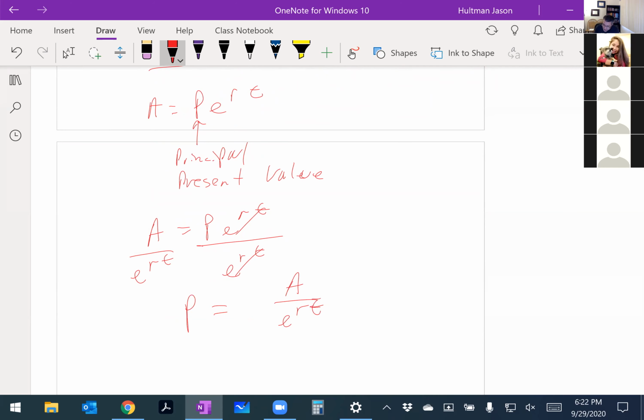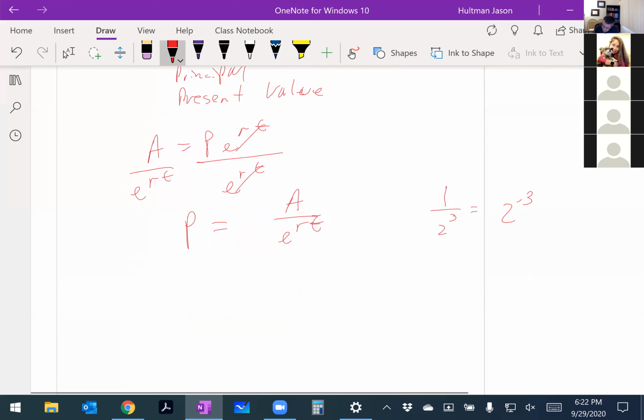And I could leave it like that, but that's not how we leave it. We can make it a little bit prettier, make it look like a formula that we've already used. Why? Because 1 over a positive exponent is the base raised to a negative exponent. Isn't that right? So couldn't I just make this negative RT?